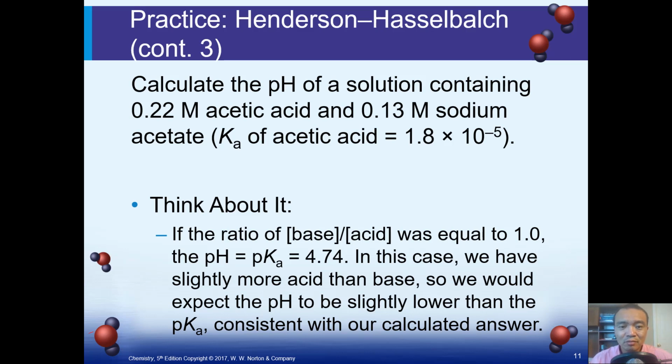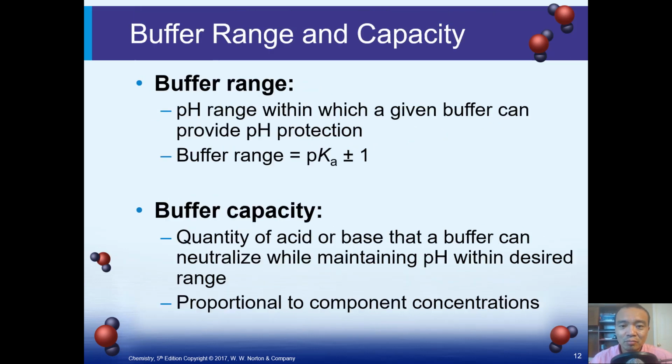Another important concept about a pH buffer is the so-called buffer range and buffer capacity. The buffer range is defined by the pKa plus and minus 1.